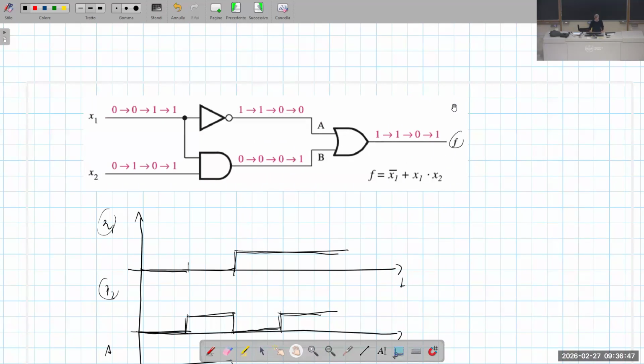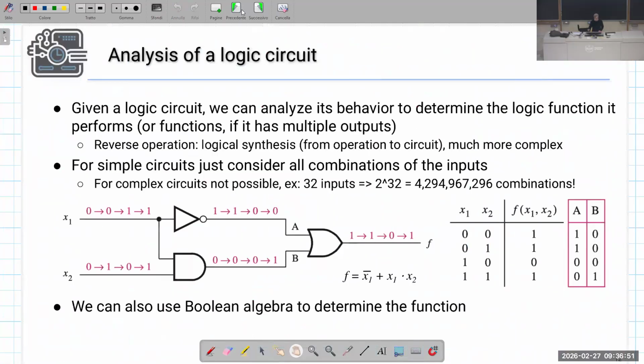Is that clear? Comments, questions on that? Okay. This is just to give you an example of the concept. Please.